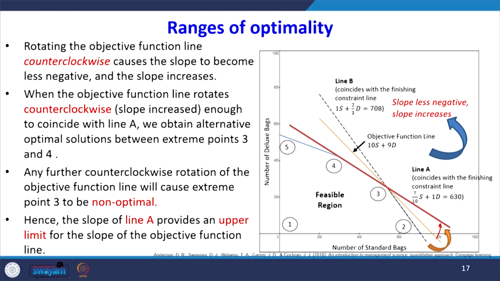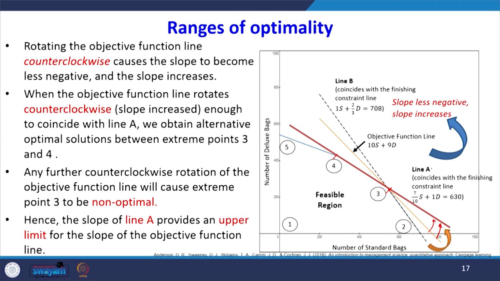What will happen if this orange line is coinciding with this red line? All the points in this region will be our optimal solution, so we will get alternate optimal solutions. Any further counterclockwise rotation of the objective function line will cause extreme point 3 to be non-optimal.